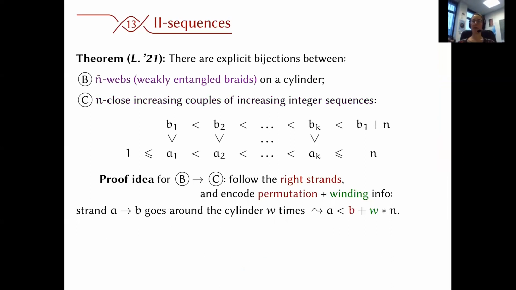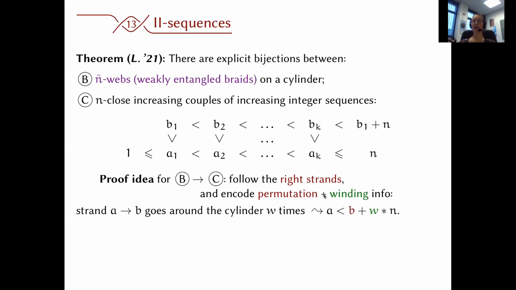And the difficulty with braids on the cylinder is that it is not sufficient to know only where you start from and where you arrive to, because in between the two, you can go around the core of your cylinder as many times as you wish. This is what I call winding. So to understand these pictures, you need to understand the permutation, where each strand arrives to, and how many times it goes around the core, the winding information.